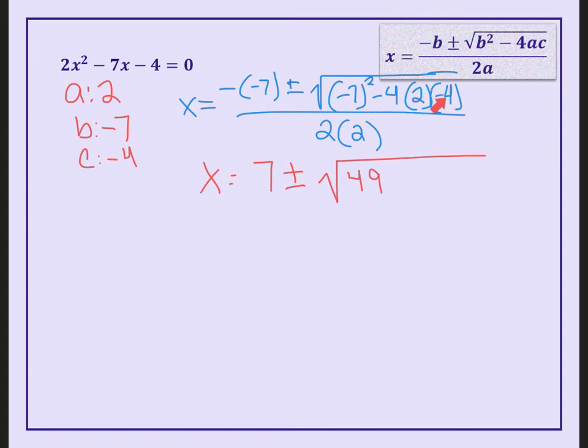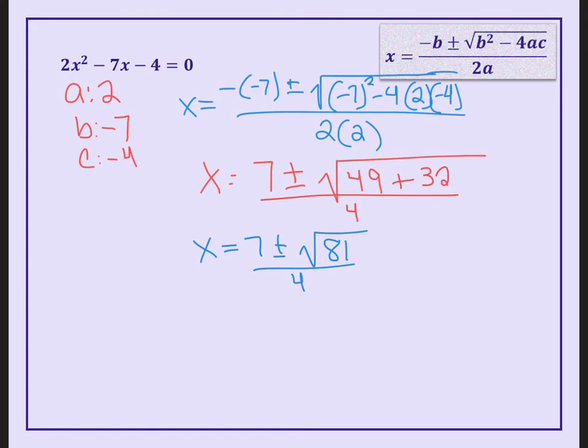Look, we have 2 negatives, so it's going to turn positive. So -4 times 2 times -4 is a positive 32, all divided by 4. Okay. What is 49 plus 32? We're going to have x equals 7 plus or minus the square root of 81 divided by 4.